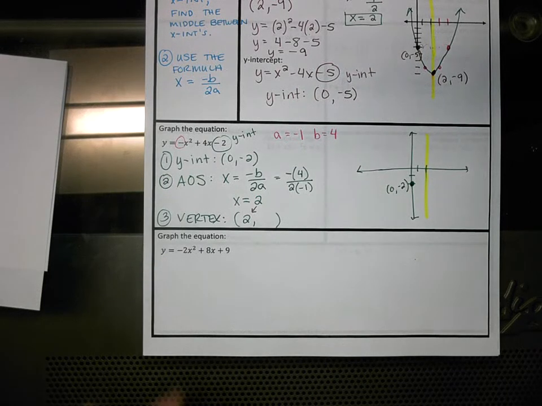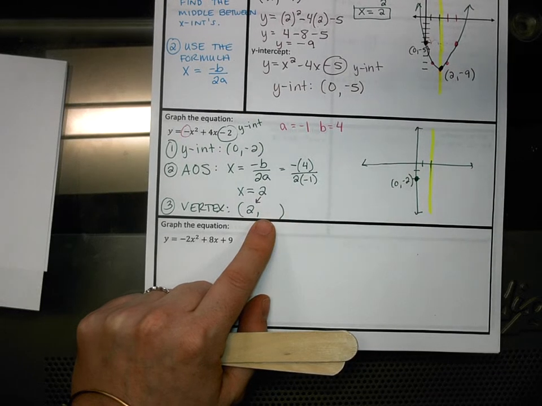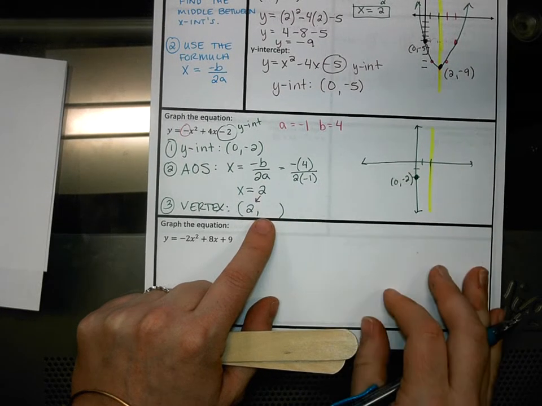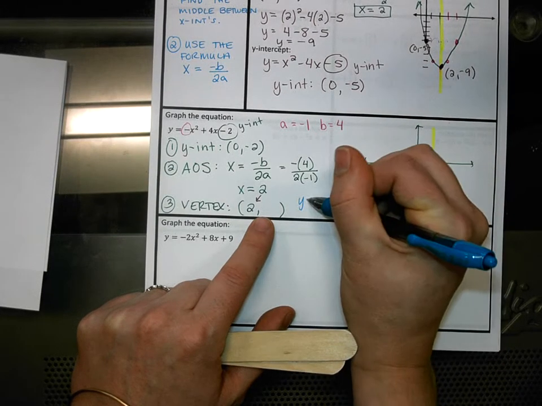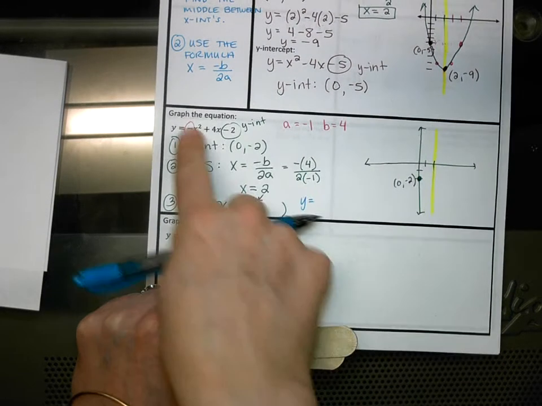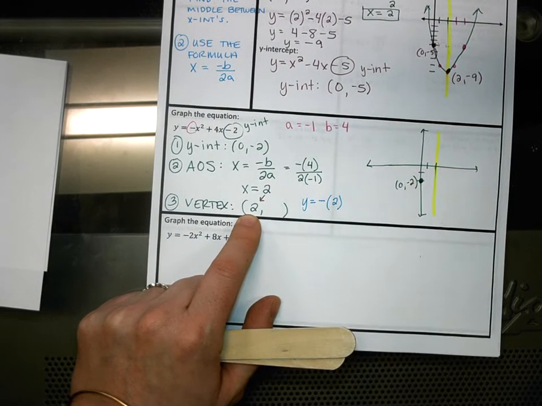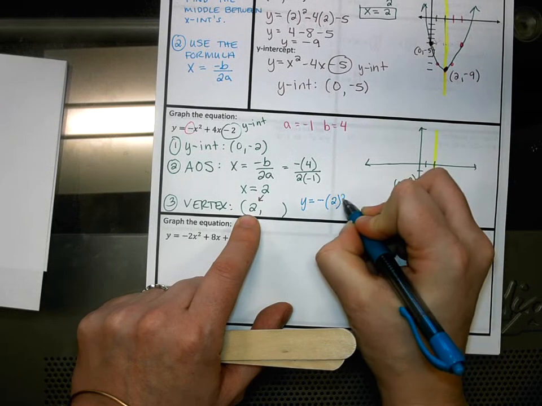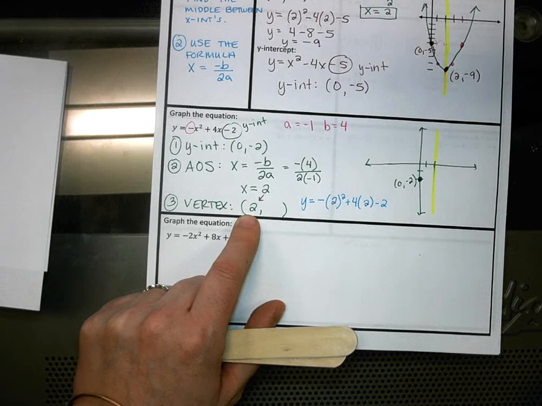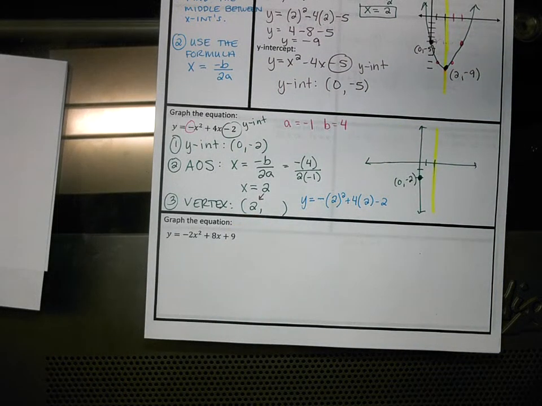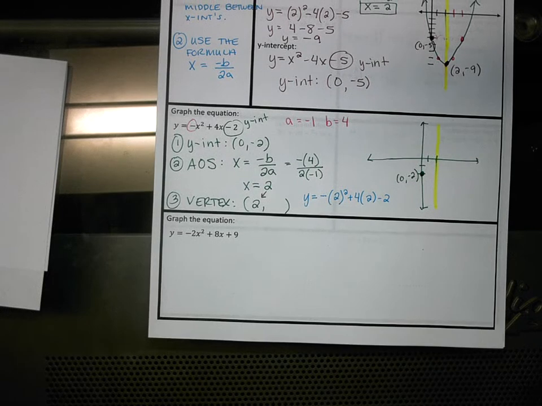Jackson, how do I find my y value of my vertex? Plug in what? Plug in the 2 for every x that I see up here. So I have a negative, open parentheses, 2 squared plus 4 times 2 minus 2. McKelly, help me simplify this using your order of operations, meaning PEMDAS.